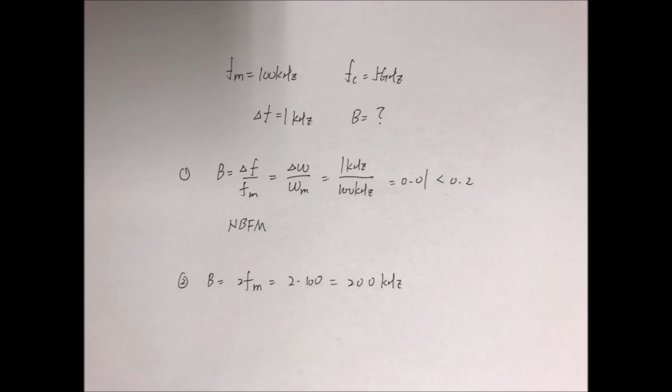The message is a 100K hertz sinusoidal signal, so f m is 100K hertz. The carrier fc is 5 hertz. The peak frequency deviation delta f is 1K hertz.